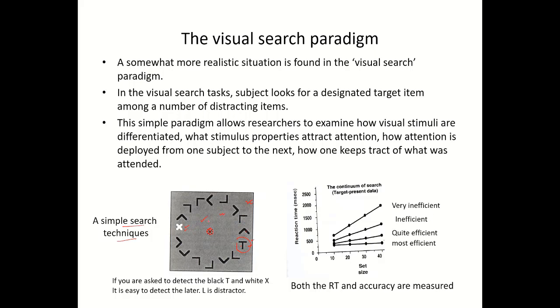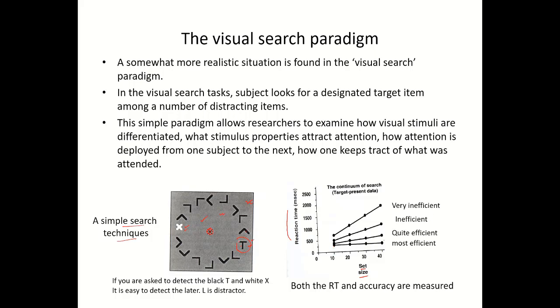This is a relatively weak task, but you can make the task more difficult and measure the onset and reaction time. So here you see the reaction time in this way, and the number of objects.